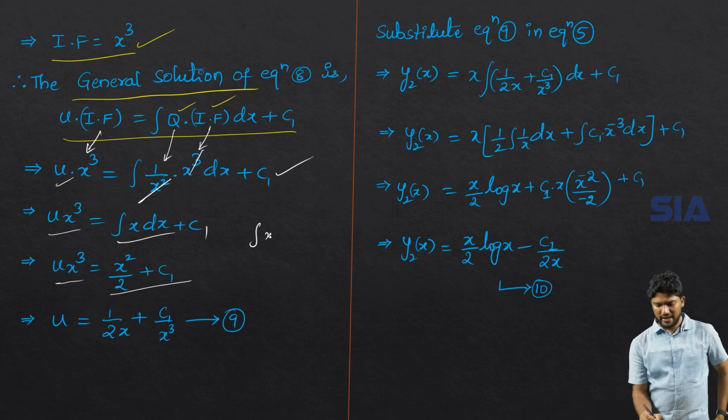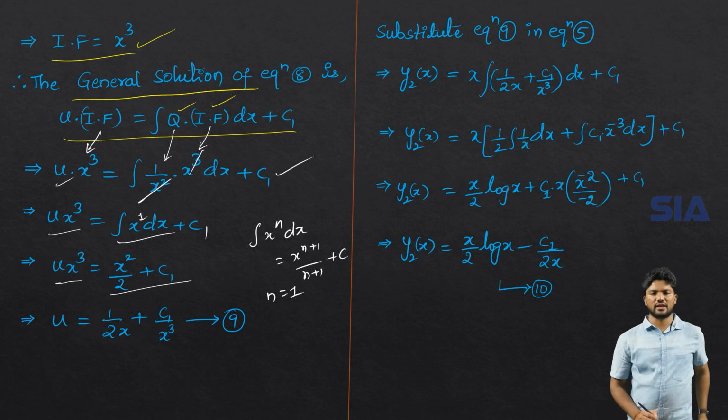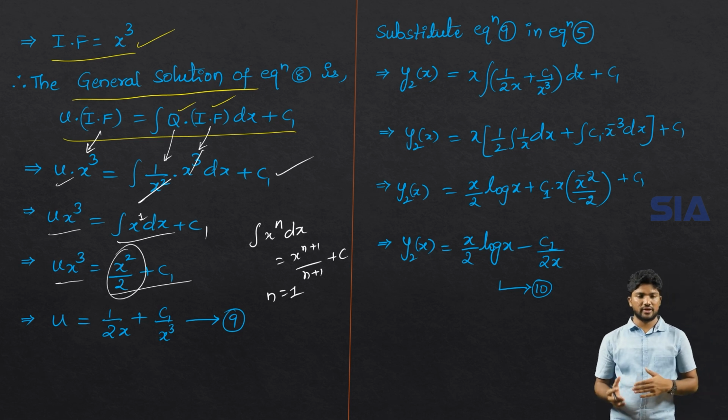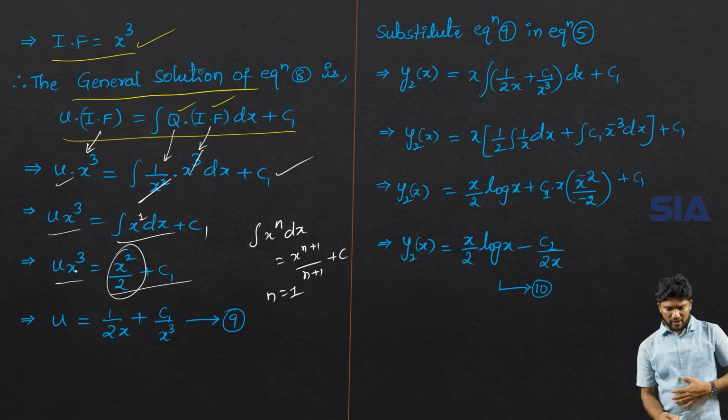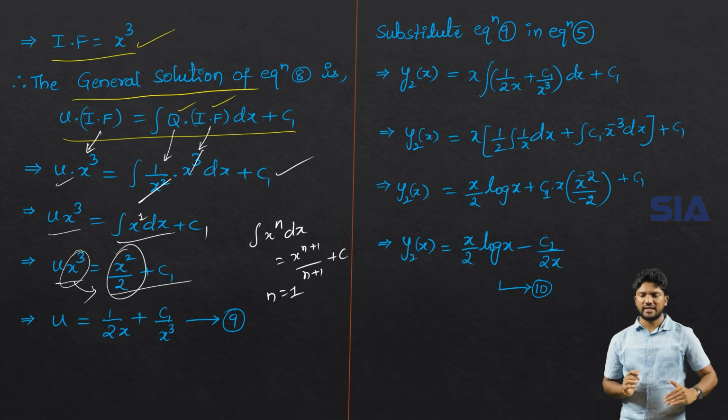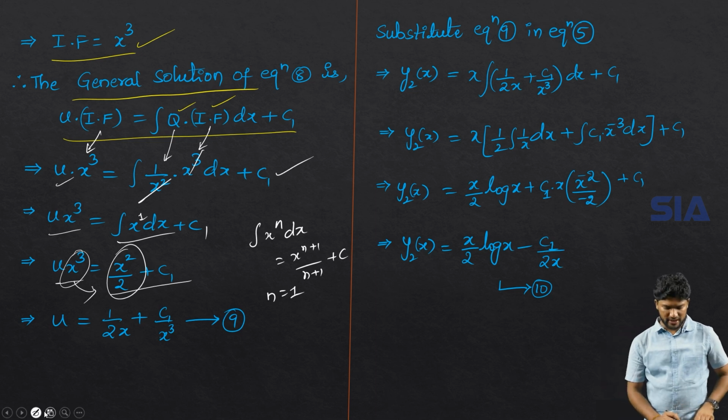You know very well integration of x power n dx is equal to x power n plus 1 by n plus 1 plus c. This is the formula. Here x power 1, so therefore n is equal to 1. If you substitute n equal to 1 in the above equation, then x square by 2 is the value, x square by 2 plus c1. So now send this x cube to the RHS, or otherwise divide both sides by x cube.